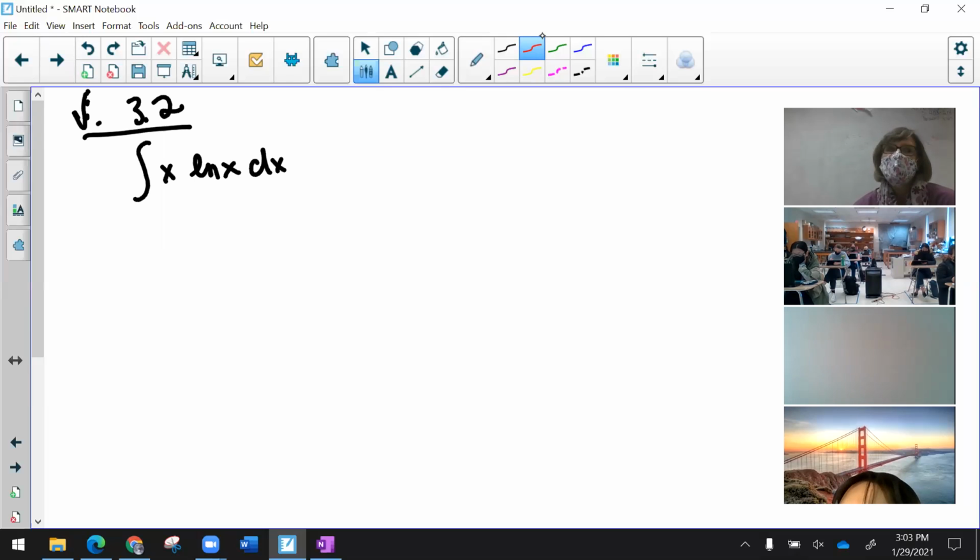No, the only thing I would substitute would be u equals x, and that's not going to make my life any easier. And remember, the goal of these tools is to make the integral simpler so that I can say, oh, I can do this by inspection. So that means we have to pick a u, and we have to pick a dv. And remember that whatever I make my dv, I have to be able to integrate it. So what do you think you might pick? Somebody pick a u for me.